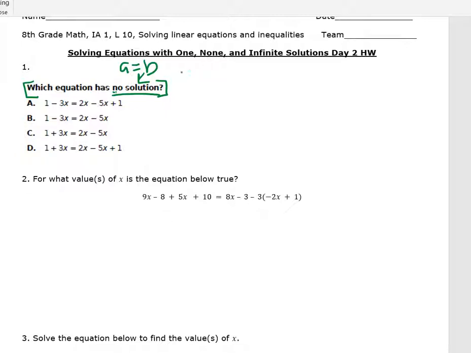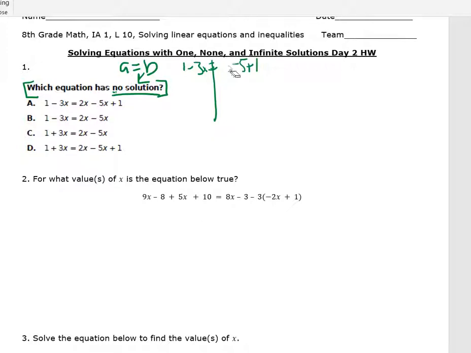The only way I'm going to be able to really do this right is if I try every one of them. So I'm going to go up here and say 1 minus 3x is equal to 2x minus 5x plus 1. Right away, I don't see any distributive property, and when I look at this side of the equation, 1 minus 3x, I can't do anything with it. But, ooh, I wrote sloppy. Let me rewrite this.